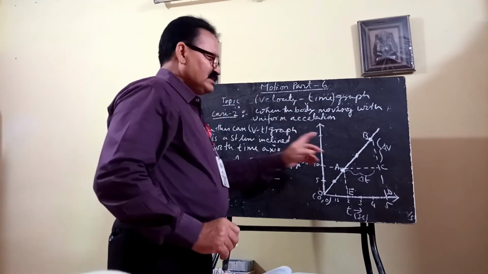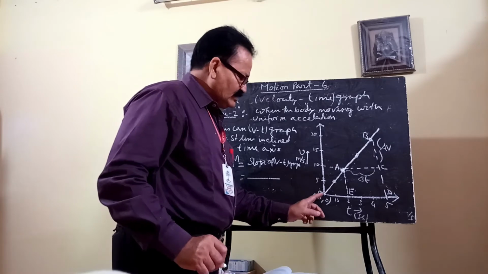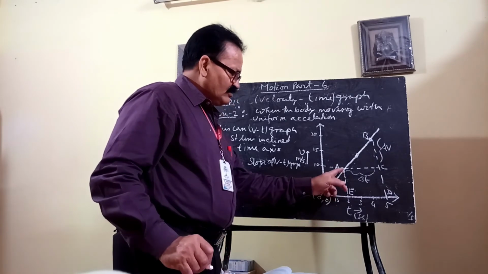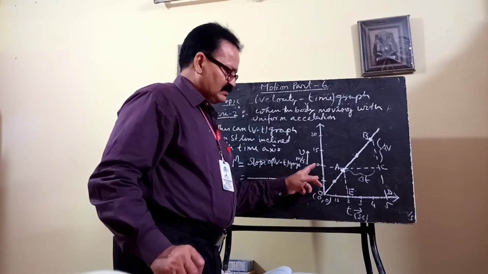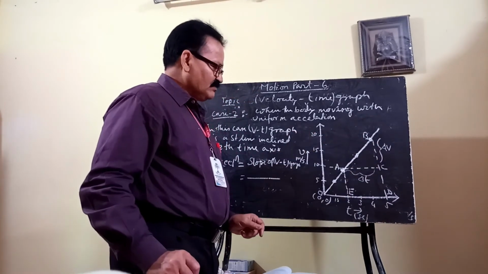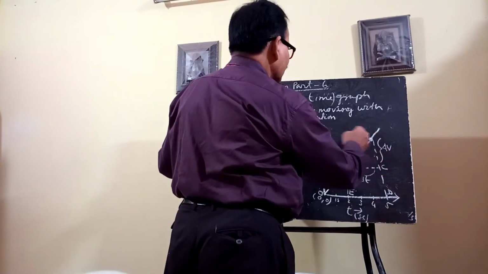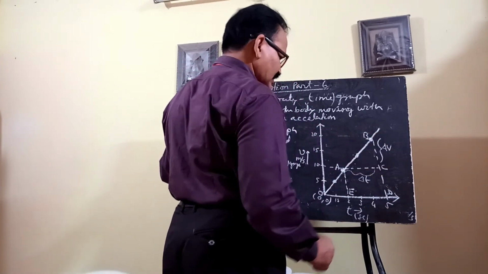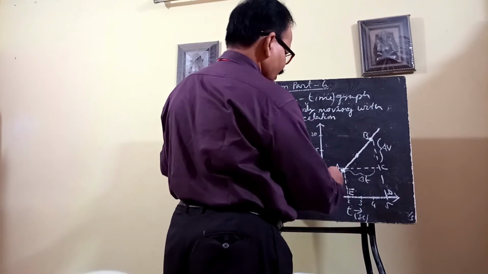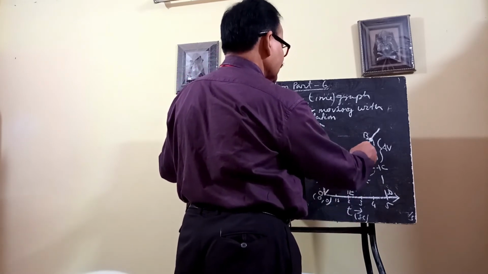That means the differences between the values. Suppose at 2 second, velocity is 10 meter per second, and at 5 second the velocity is 25 meter per second.